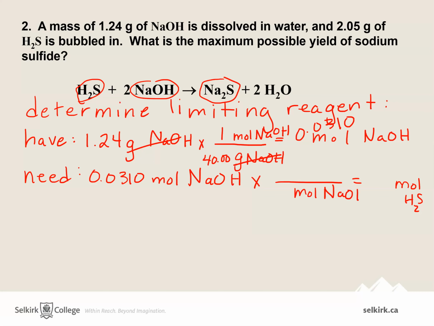Get rid of moles of sodium hydroxide. Get moles of hydrogen sulfide. And the mole-to-mole ratio, where do I get those numbers? That comes from the balanced equation. Whoops, H2S, not H2O. I have 1 H2S for 2 sodium hydroxide.